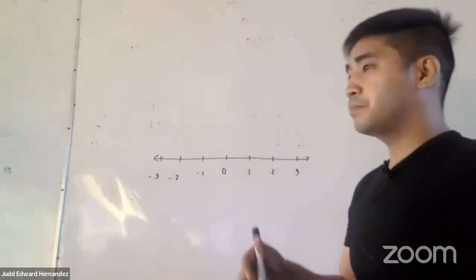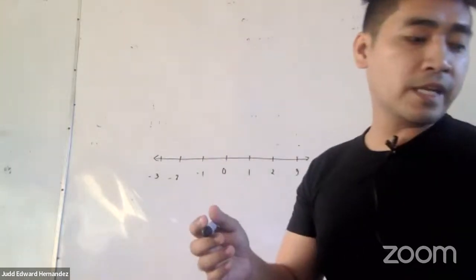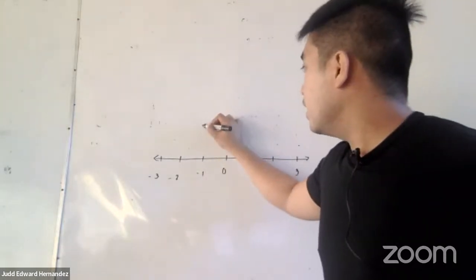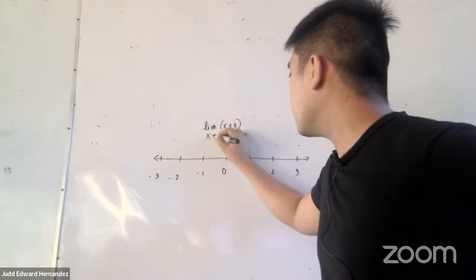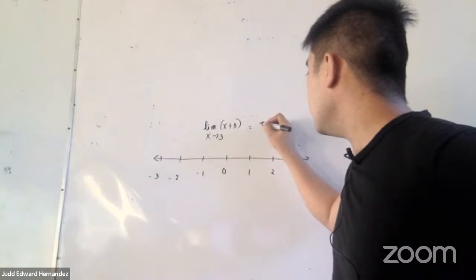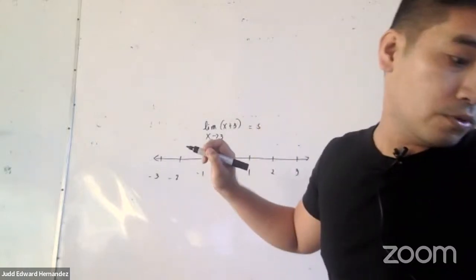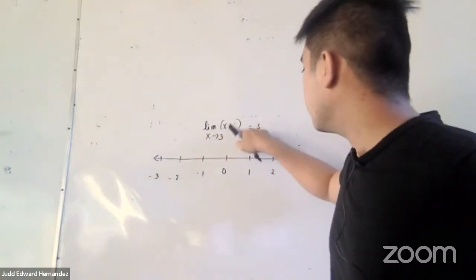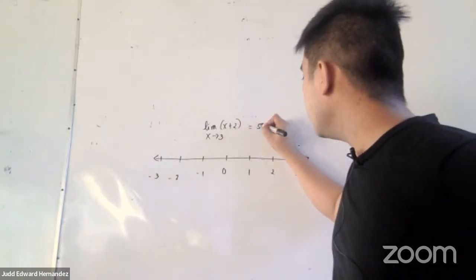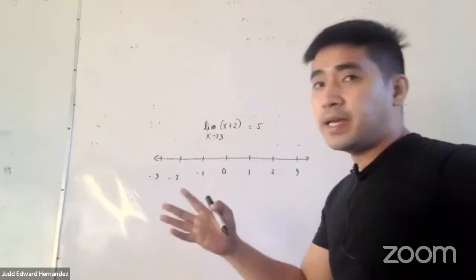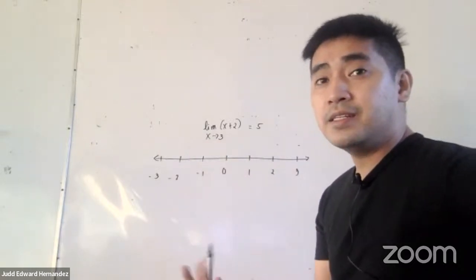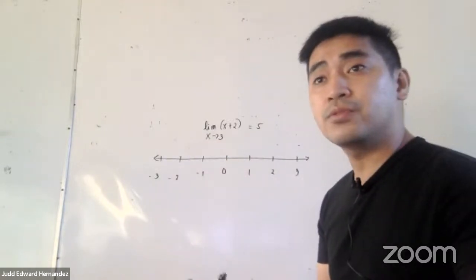For example, sa limit na given sa atin kanina, we're given the limit of x plus 2 as x approaches 3 is equal to 5. Sorry, x plus 2 pala to. So, madali lang natin masabi that the answer is 5 by simply substituting the values.